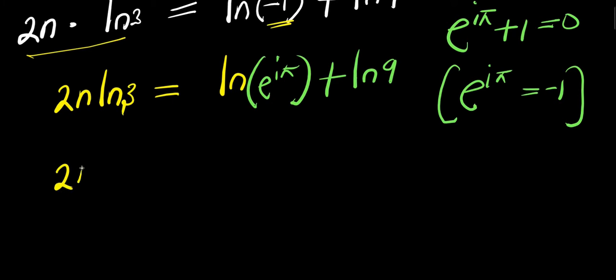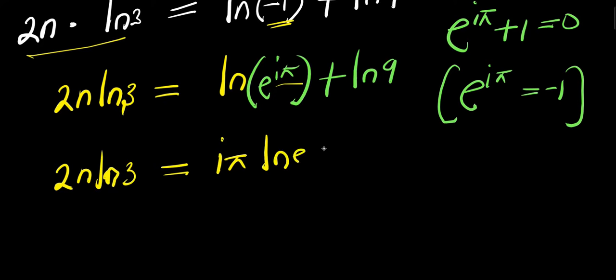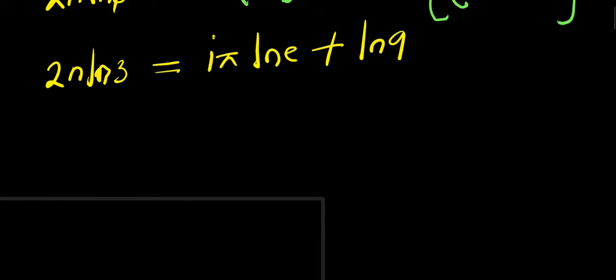So from here you have 2 times n times natural log 3 equals i times pi times natural log e plus natural log 9. Just cancel this, natural log e is 1.